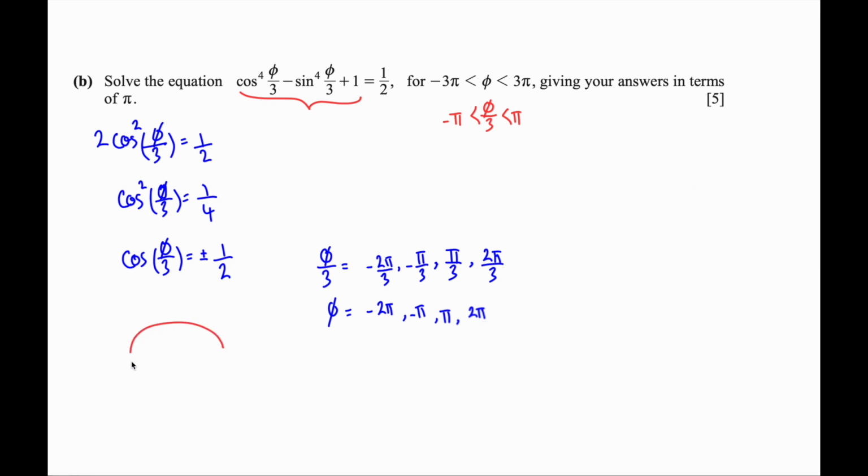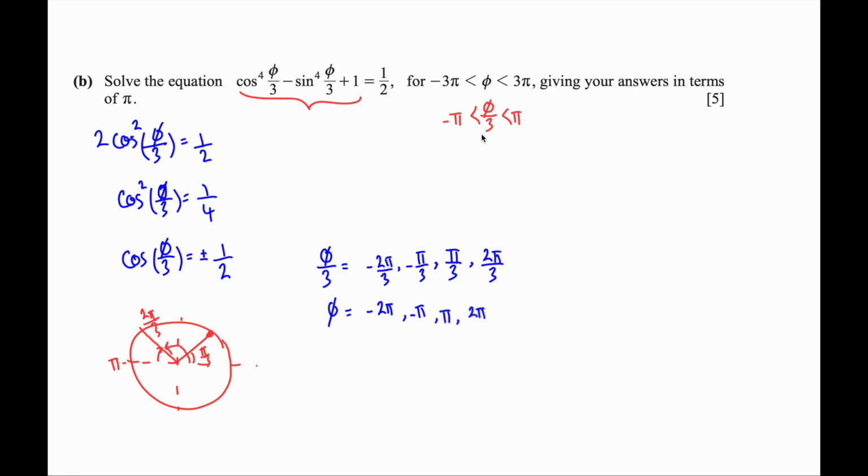Now, if you recall from the unit circle, this is actually a famous angle. The cosine of what angle is half, and that is pi over 3. The cosine of what angle is negative half, that is when you go backward pi over 3 from pi, and that is basically 2 pi over 3.